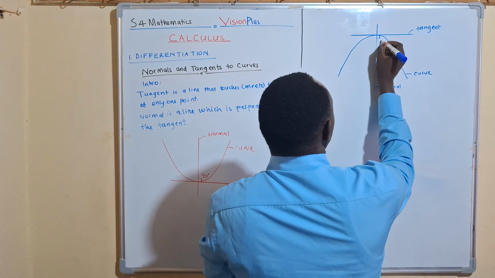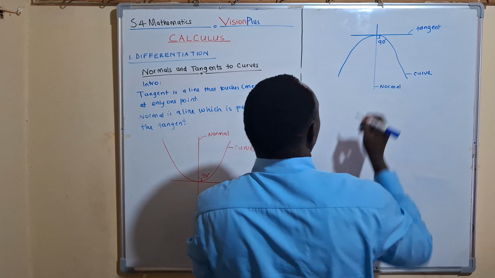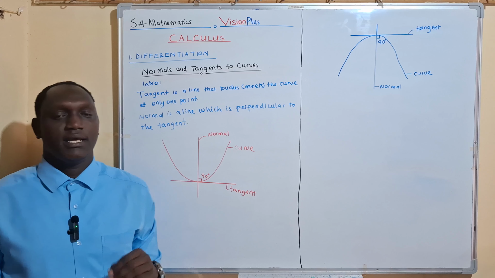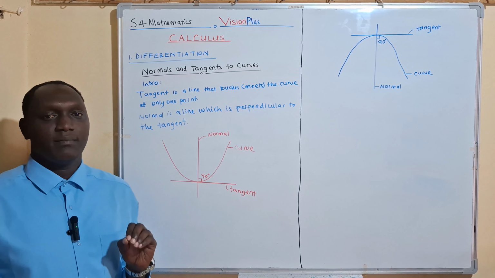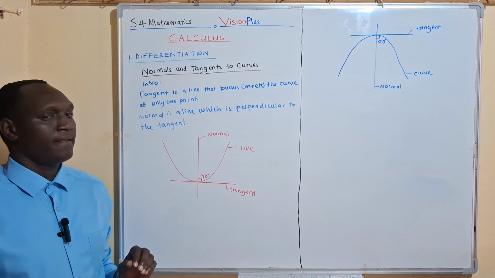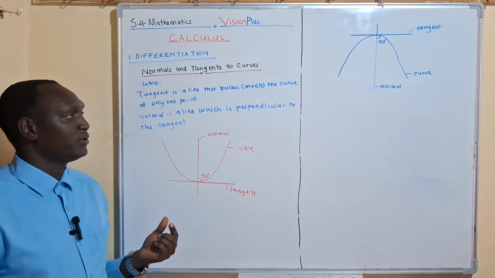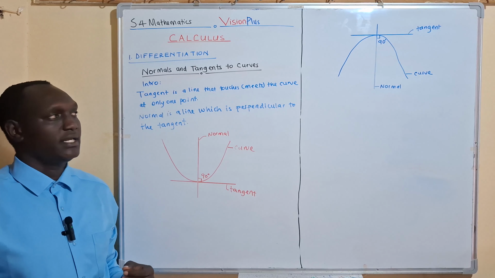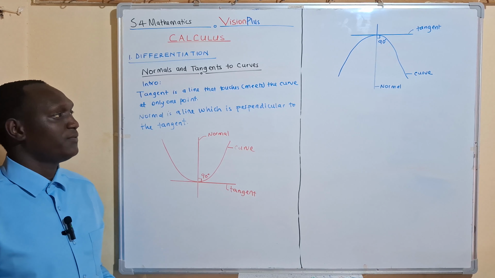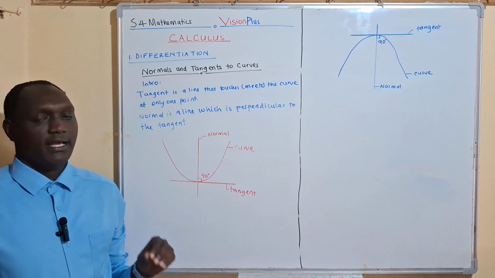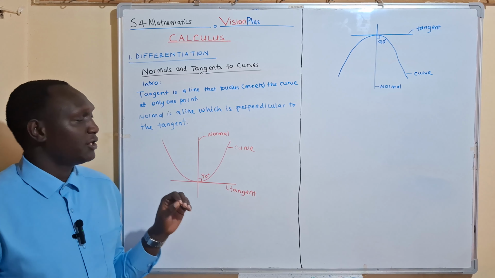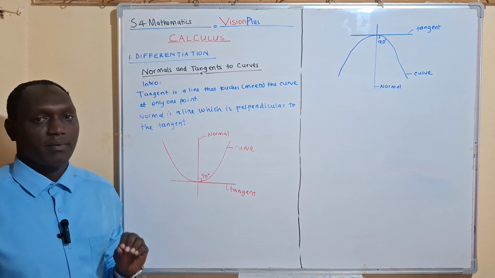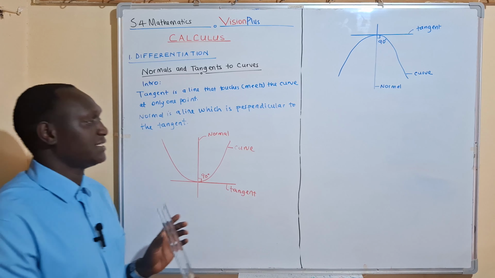You must know that this is the right angle, 90 degrees. The tangent is perpendicular to the normal, and that means the normal is perpendicular to the tangent. I have not said that the normal is perpendicular to the curve. No, the normal is not perpendicular to the curve, but to the tangent.